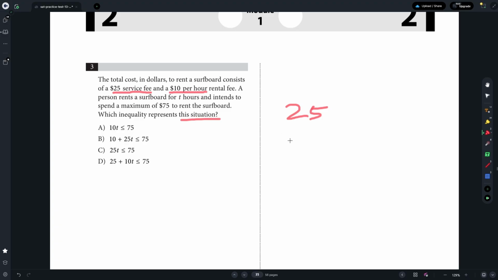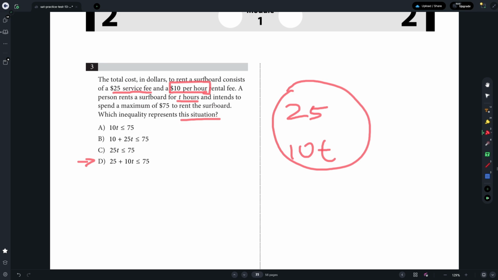So it would not be recurring. And t is for hours, and it says $10 per hour, so if you rent the surfboard for t hours, it would be 10t. So we're looking for an inequality that has these two components.